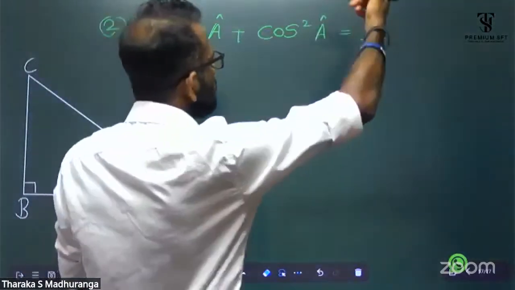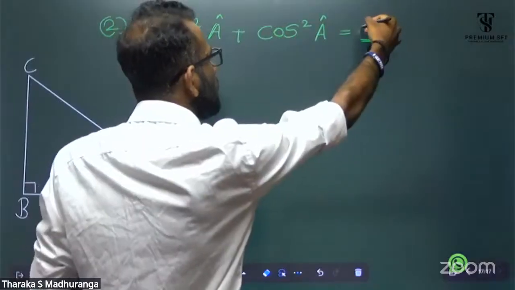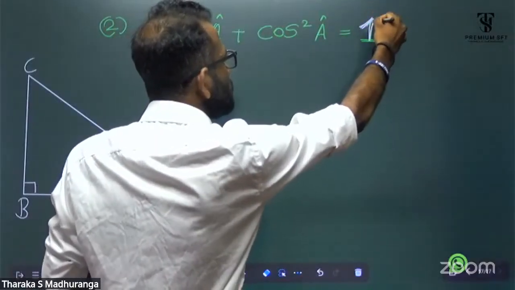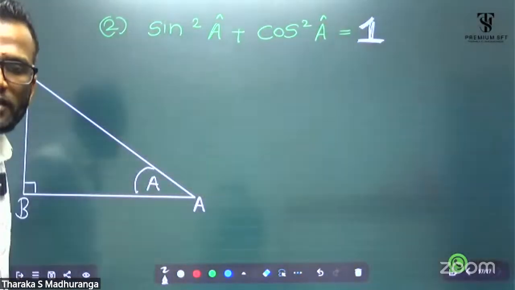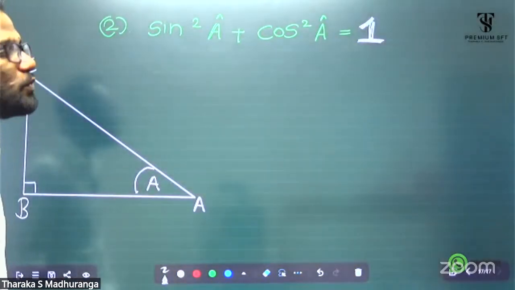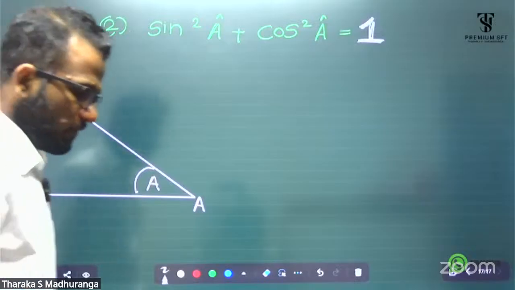Sin squared A plus cos squared A, the value is 1. I need to prove that it is 1. Okay, where can we start?